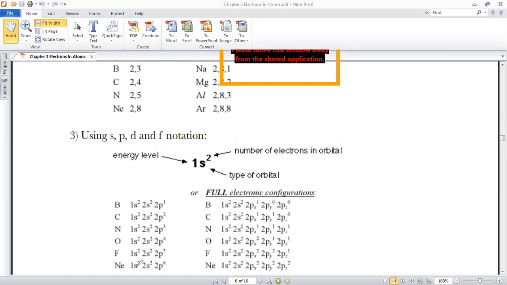And according to the modern configuration in subshells and orbitals, 1s2, 2s2, and 2p6, it still has a total of 8 electrons, 6 plus 2, in the second principal quantum number. So that's why we are still following the same rule.